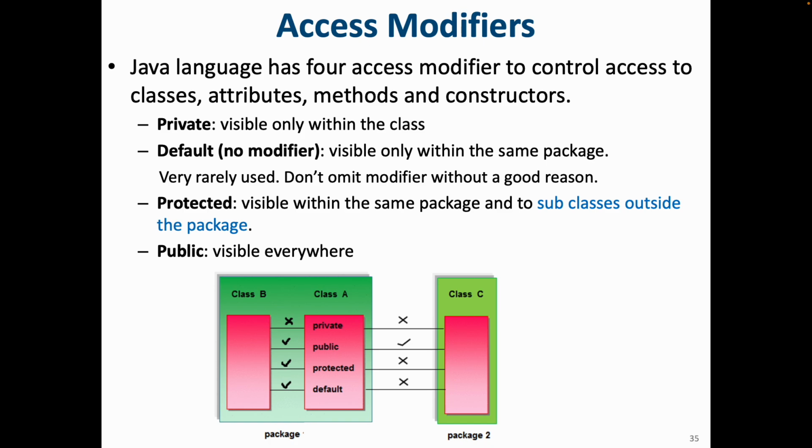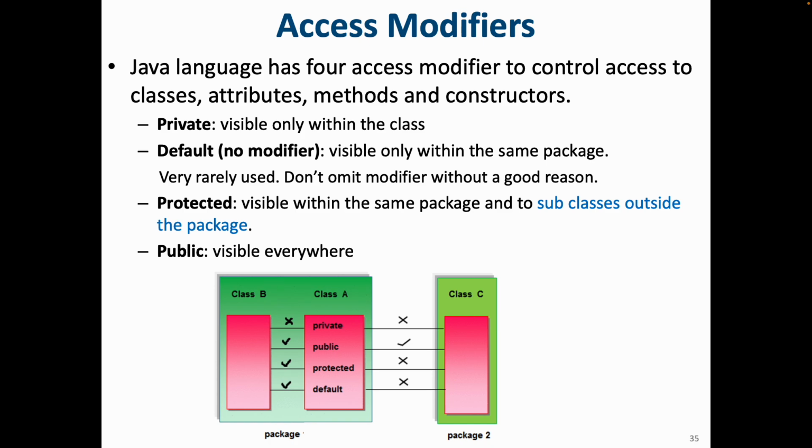Class B can access it because it is in the same package. For class C, we will see the topic of inheritance in the following lectures. But if class C extends class A, then we can access it also in other packages. If they do not, then we cannot access it.